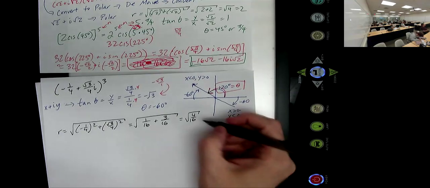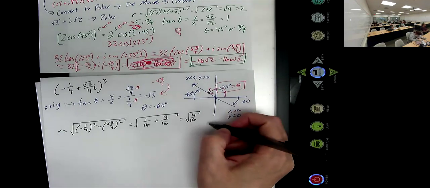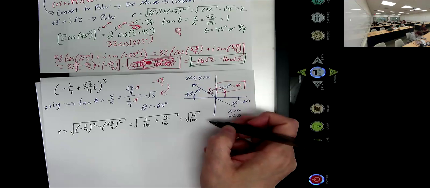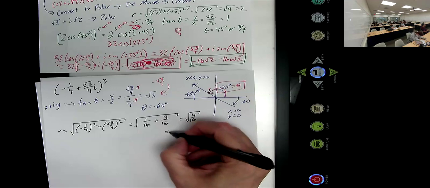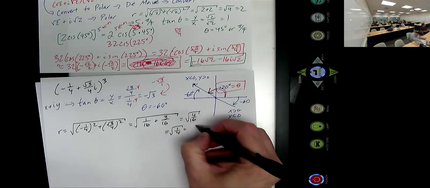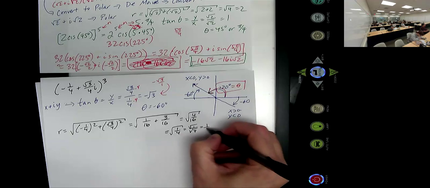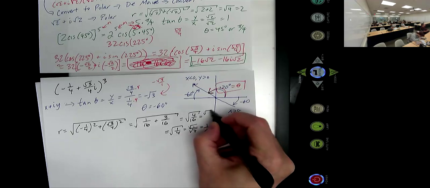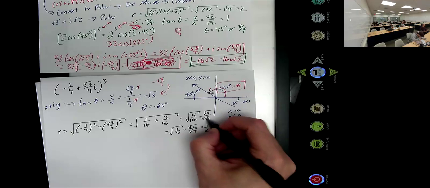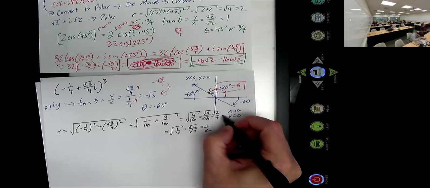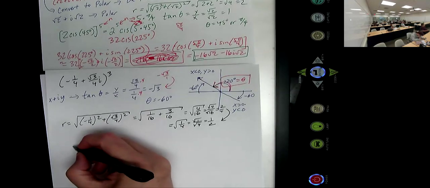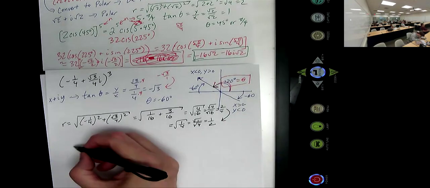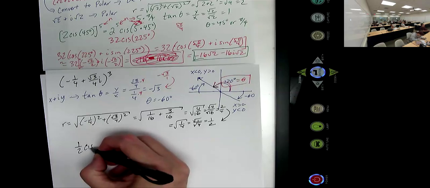You can either simplify first or simplify after you take the square root. The square root of 1/4 is square root of 1 over square root of 4, which is 1 over 2. If you did it here, square root of 4 over square root of 16 gets you 2 over 4, but that reduces to 1/2. So we've got r equals 1/2, theta equals 120, we've got 1/2 cis 120.